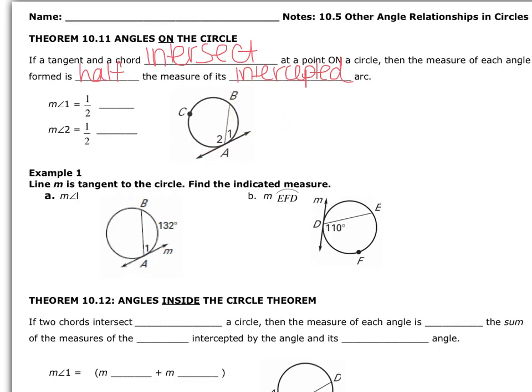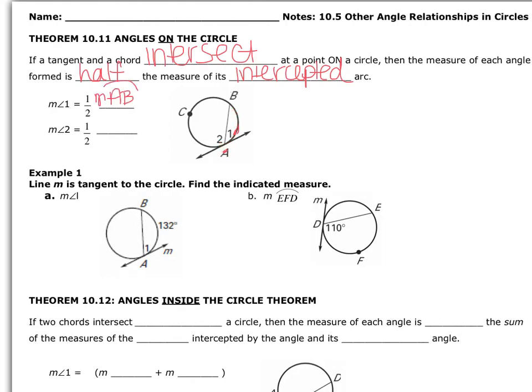All right, so to find the measure of angle 1, it's going to be half of this intercepted arc. And it kind of looks like the arc doesn't touch A, but it does go all the way to A. So the measure of angle 1 would just be half the measure of arc AB.